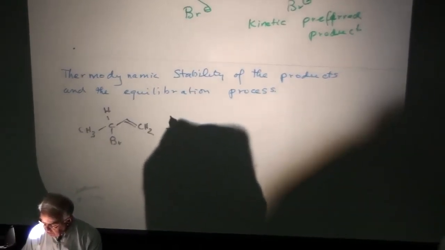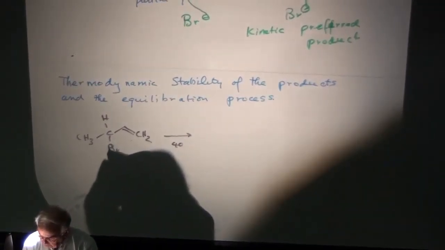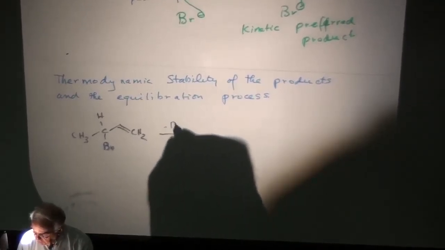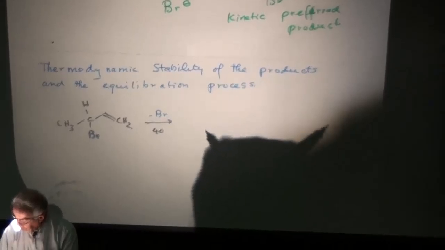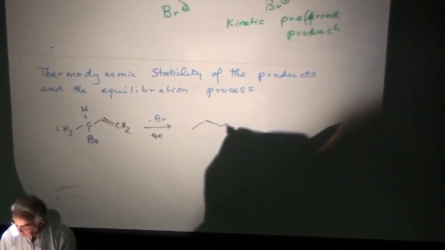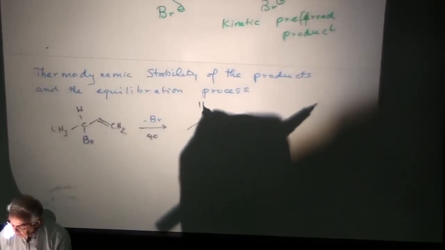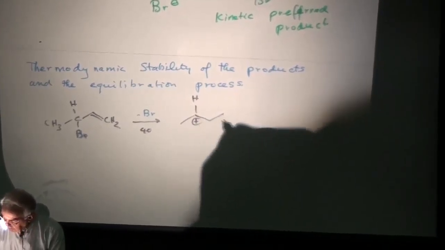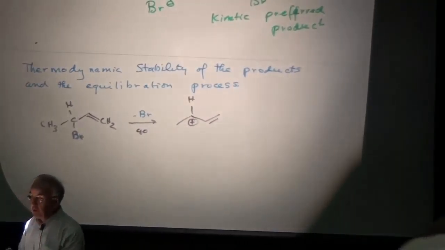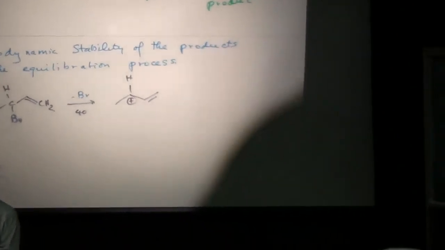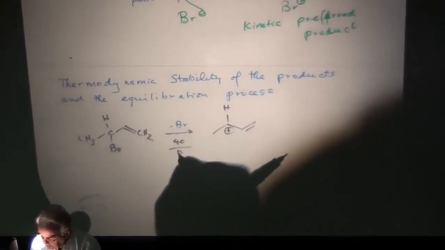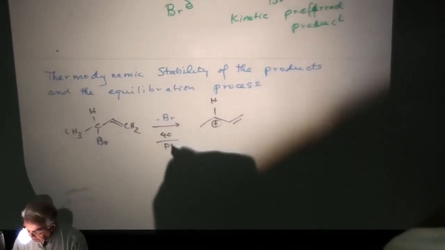So minus the bromine gives you then the carbocation. And remember, you can draw it in two ways. I'm not going to draw it the second way this time. And to go back, you simply add bromide ion again.